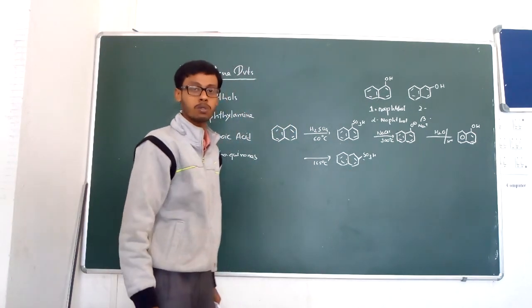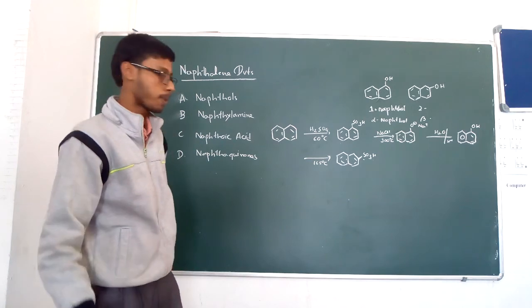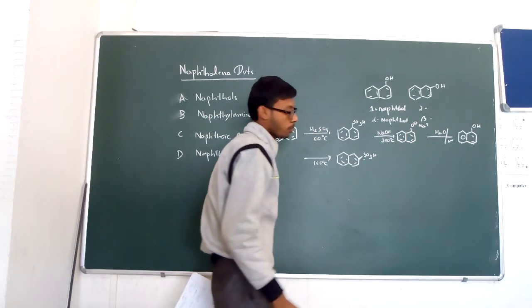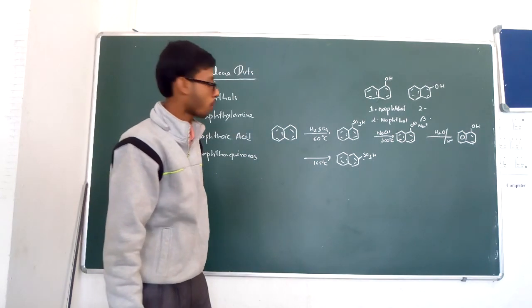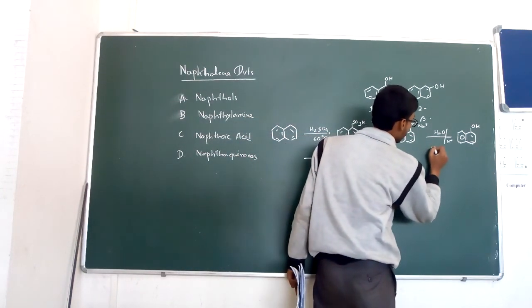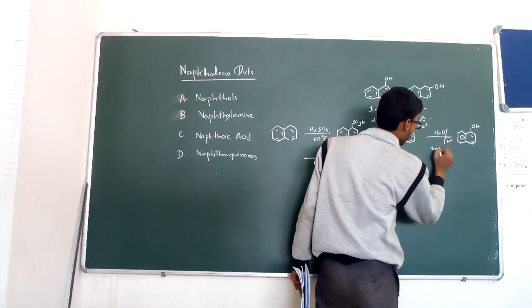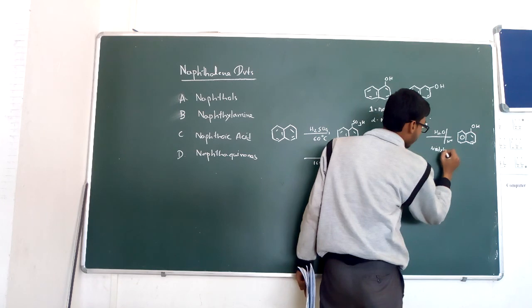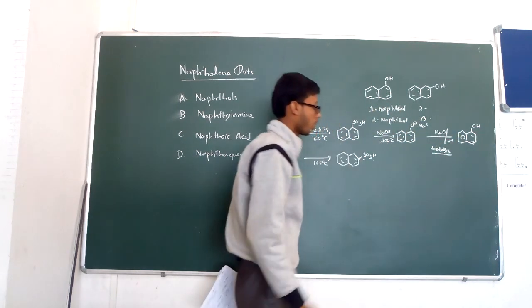Further, it is fused with sodium hydroxide at high temperature, about 300 degrees Celsius, forming the corresponding 1 and 2 position sodium salt of the naphthol, and on further acidolysis it yields the corresponding naphthol.